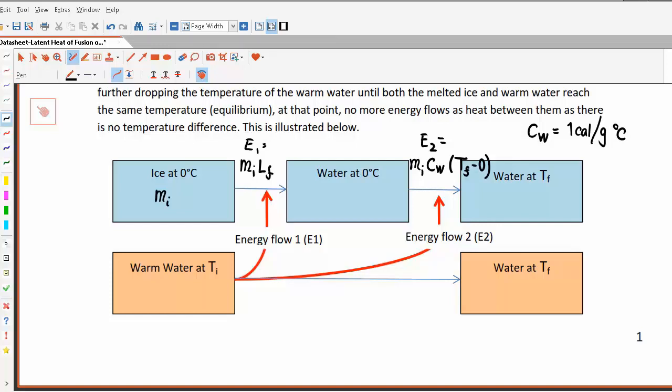Notice that when you buy food, it will have a calorie content label, but that is actually given in kilocalories. You can tell it's kilocalories because they use an uppercase C when they give the units, and 1 kilocalorie is equal to 1,000 calories.